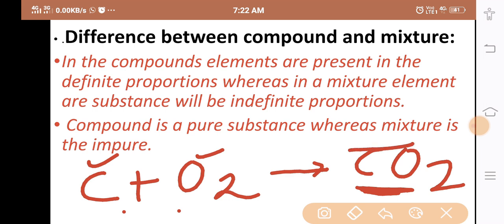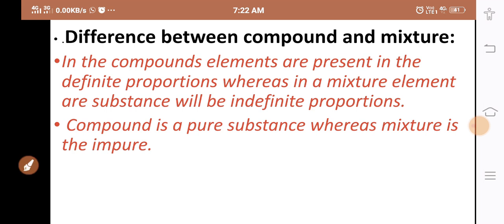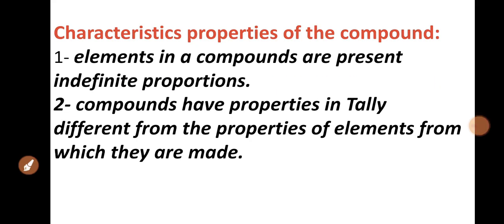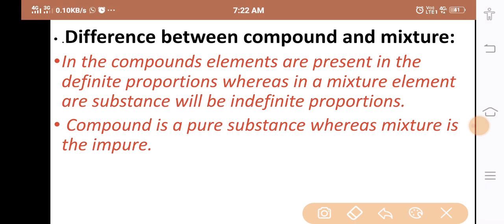Now we are going to give the differences between compounds and mixtures. In compounds, elements are present in definite proportions, whereas in a mixture, elements are present in indefinite proportions.